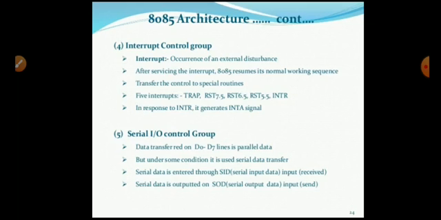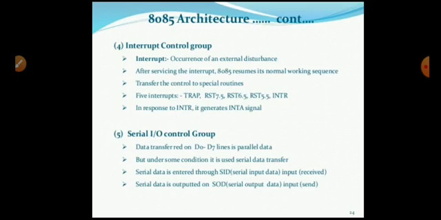So after giving the service to the interrupt, 8085 resumes all the normal working sequence. So basically there are five kinds of interrupts: TRAP, RST 7.5, 6.5, 5.5 and INTR.